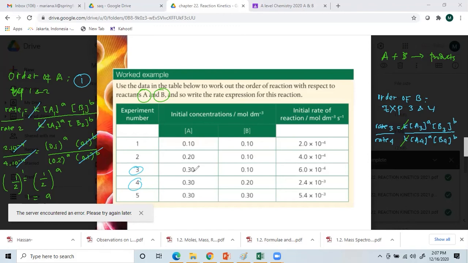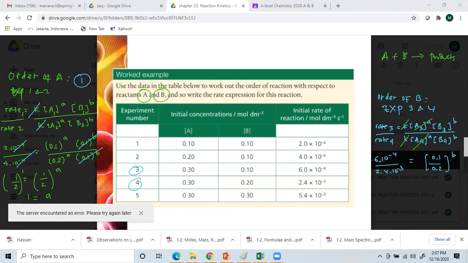And since A is the same as well, 0.3 over 0.3, you can cancel this as well. So rate 3 is 6 times 10 to the power of negative 4 over rate 4, equals B, this is 0.1 over 0.2 to the power of b.